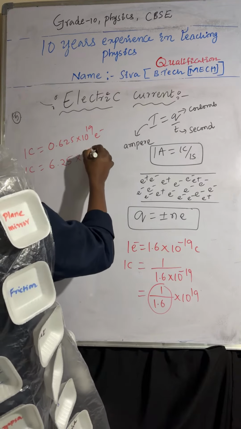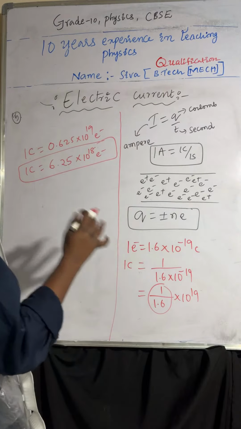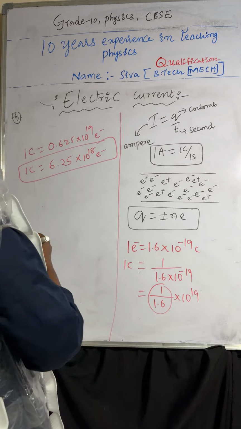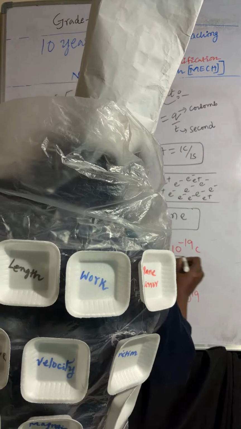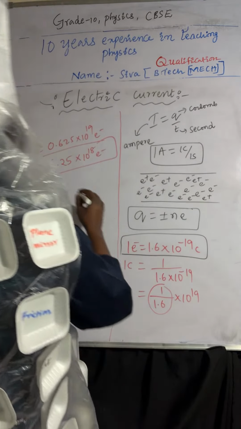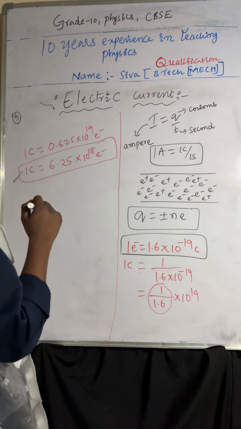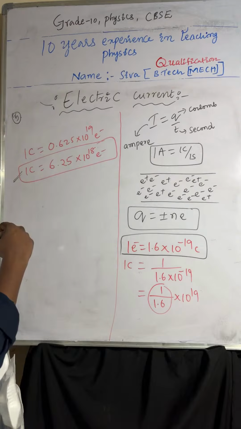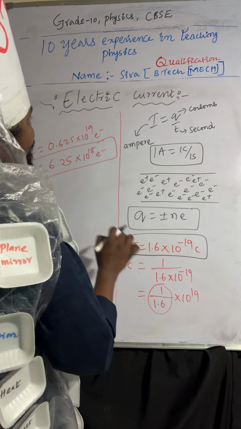Very important: make sure you remember these points. How much charge is present on one electron, and how many electrons are present in one coulomb, 6.25 into 10 power 18 electrons. Understood? These two points you have to remember.